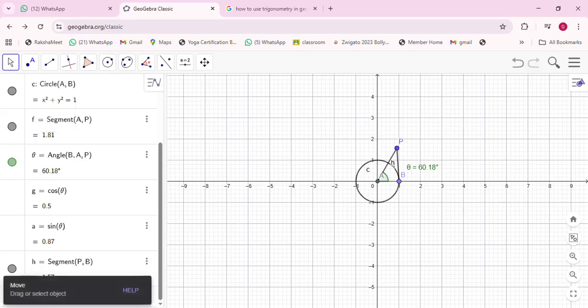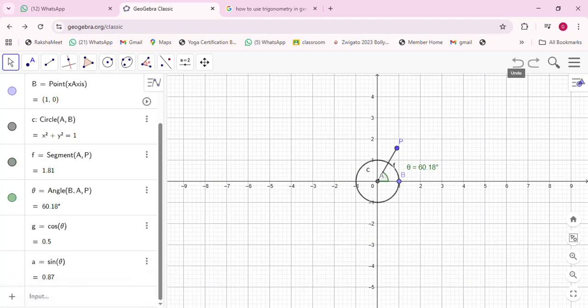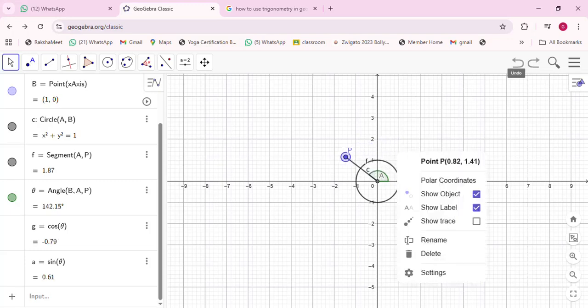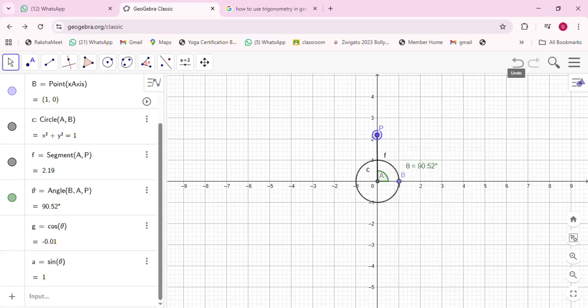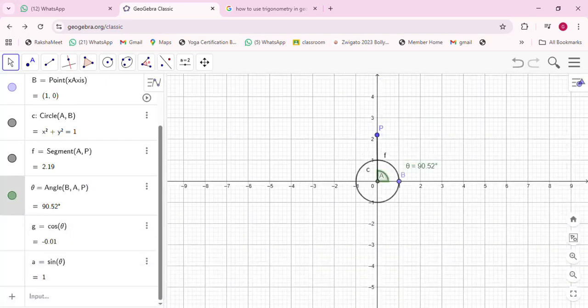Click on the move tool and click the point P position. If I make it 90, here you can see theta is 90.52, cos theta is 0.01, so cos 90 is 0, and sin theta is 1.